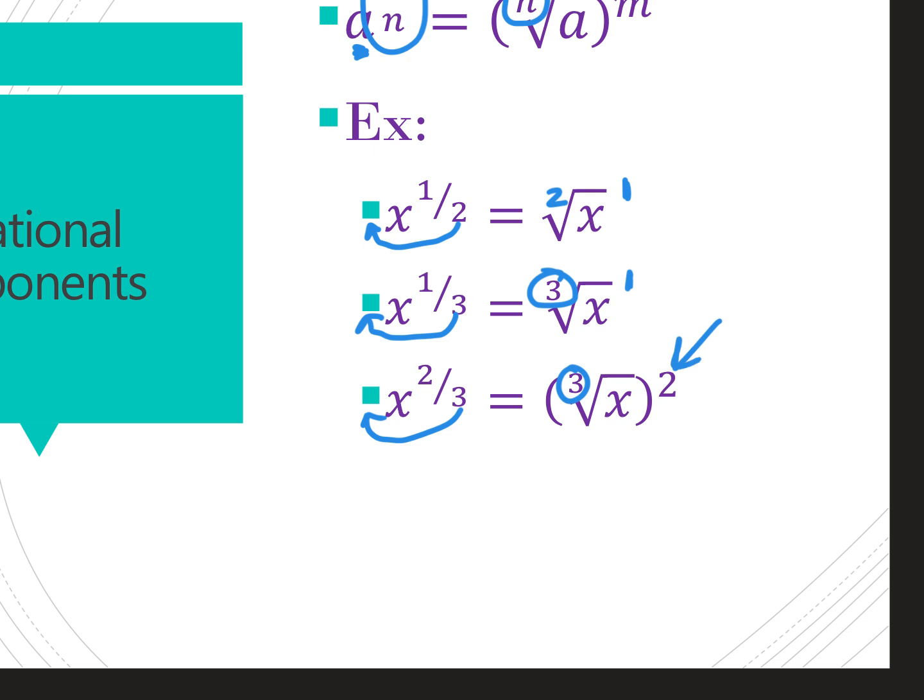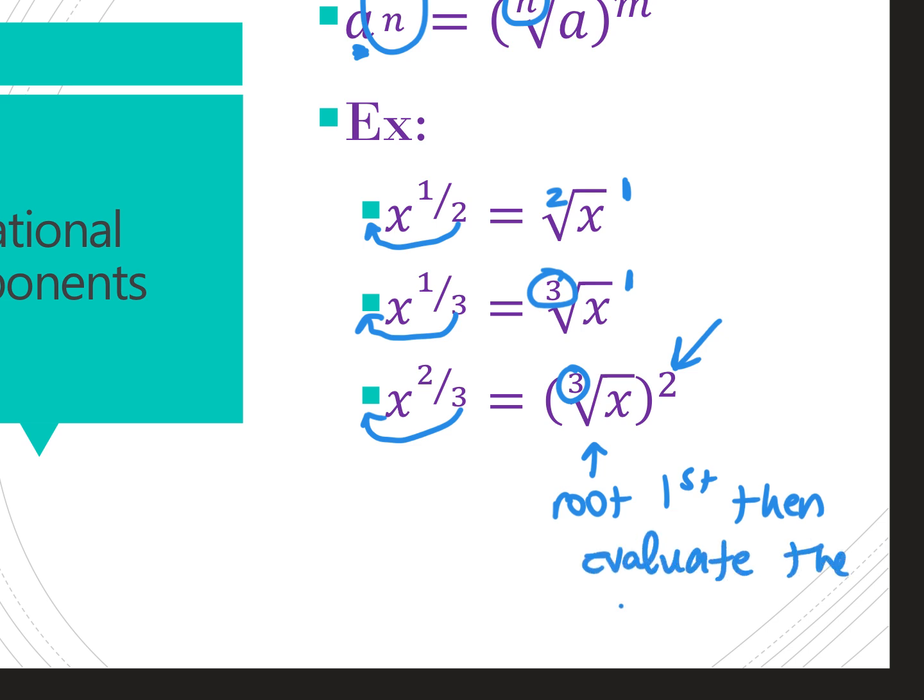When it's not just 1 over something, it's 2/3, 3/3, 4/3, whatever, you're going to want to simplify the root first, then evaluate the power. Can it be done backwards? Yes. But without a calculator, you really want to evaluate the root first, then square a number. You don't want to square a number, make it ginormous, and then ask what number times itself 3 times gives you that. You want to simplify the process as much as possible.